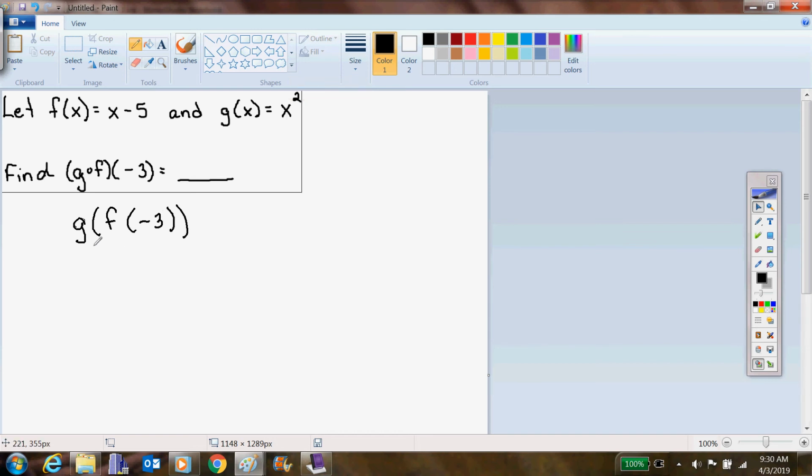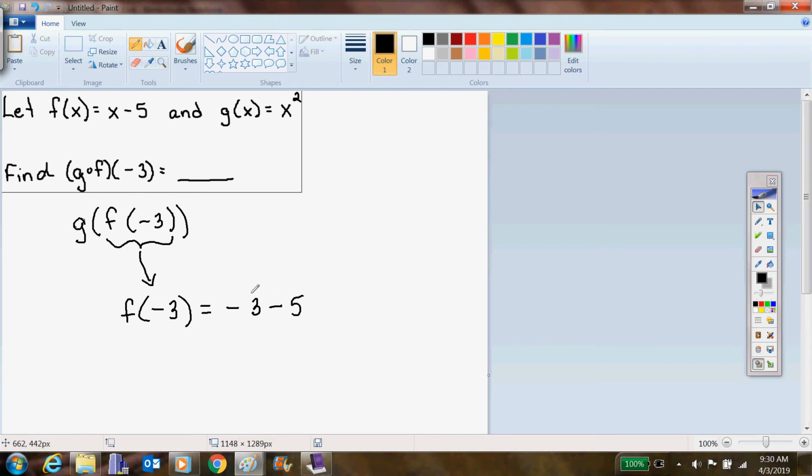And then what you want to do is handle calculating this part first. You're working from the inside out for these parentheses. So the first thing we need to do is calculate f of -3. We have our f function that's right here, so you take this just like any other time you would calculate the value of a function. You plug this -3 into the f function. So we're taking -3 minus 5.